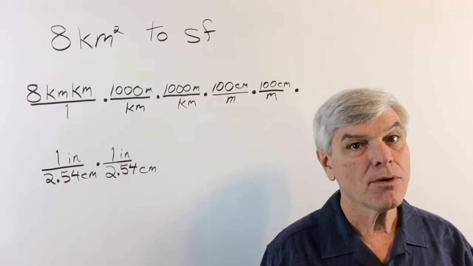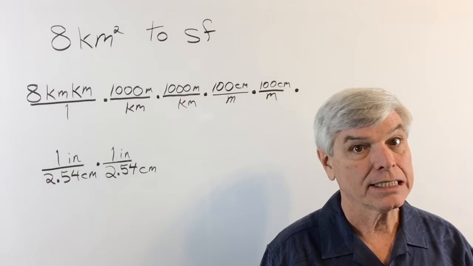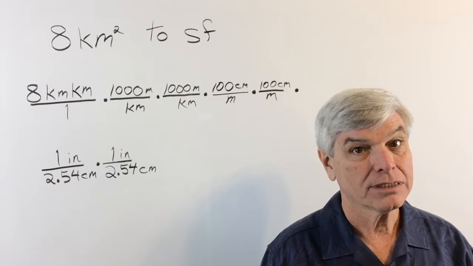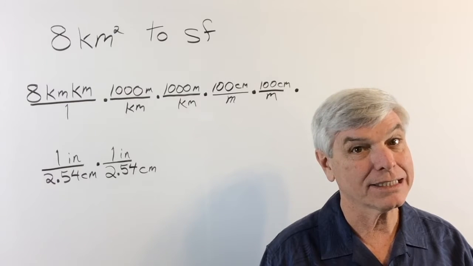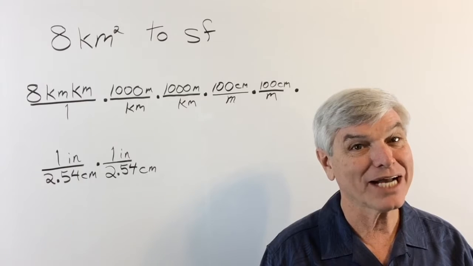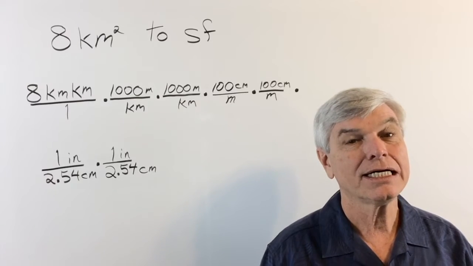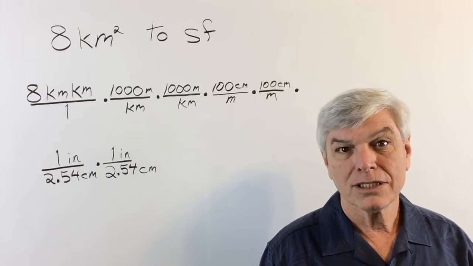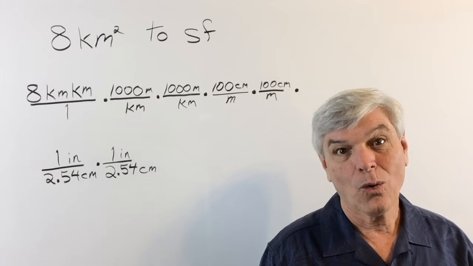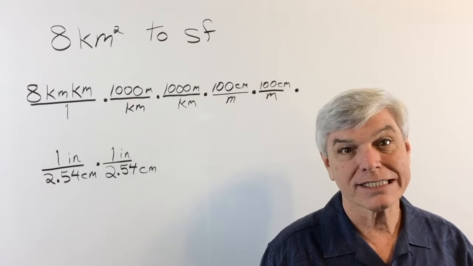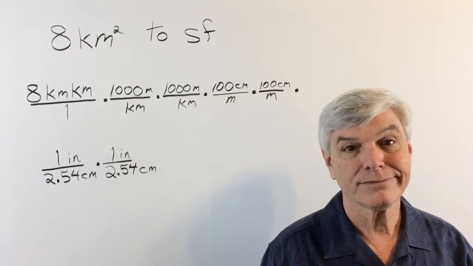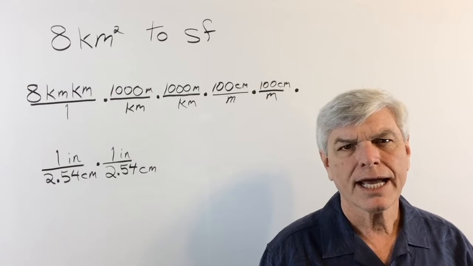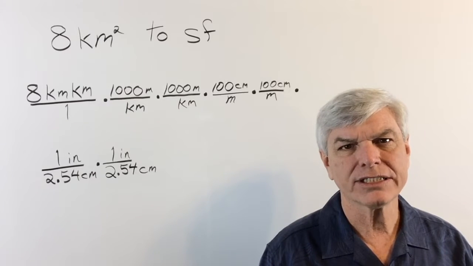The 2.54 goes with the centimeters, not the inches. And if you look at a centimeter, you'll see that you need about 2.5 of those to get to an inch. So we are on the American system, and we have converted to inches.